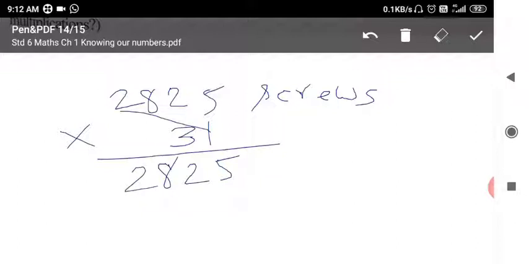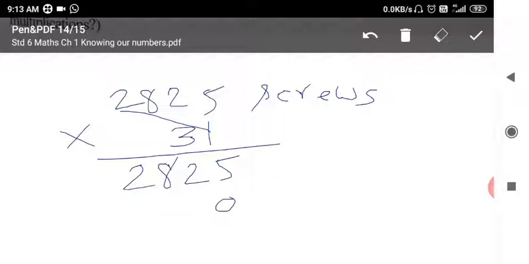So the same number will come because we are multiplying by only one time. Now next one, the 3's position. Now we have to multiply by 3, but before that first we have to put the 0 because the place value of 3 is tens. So we have to put the 0 and then start the multiplication.